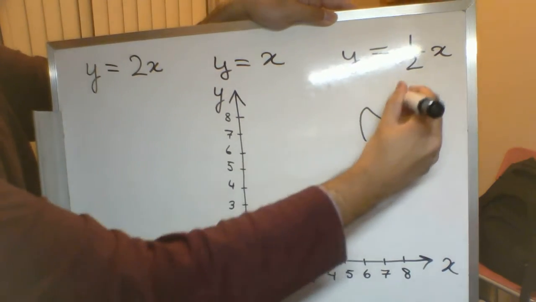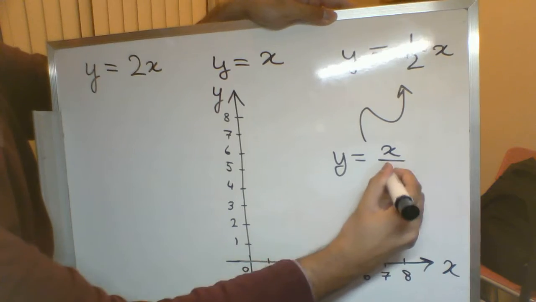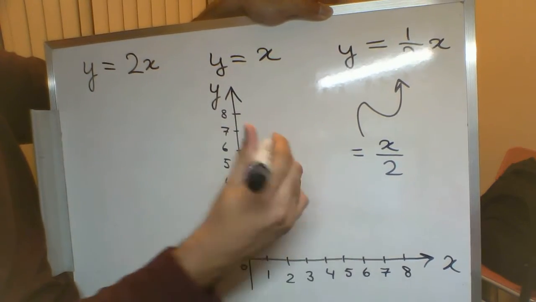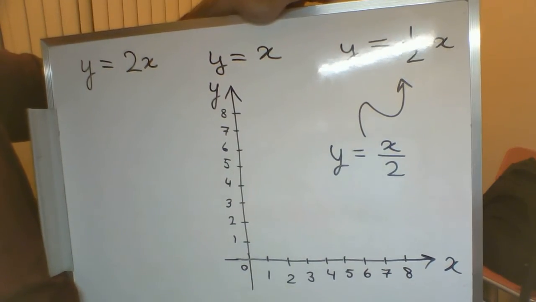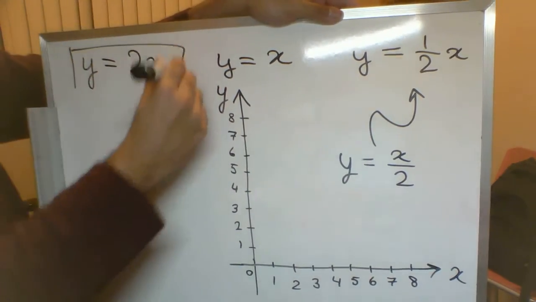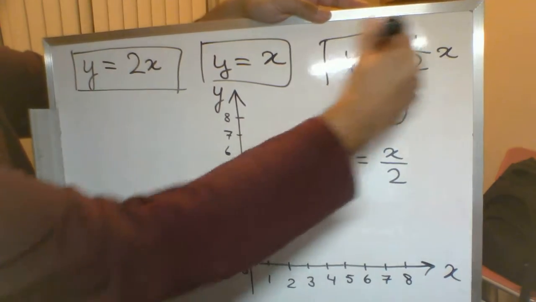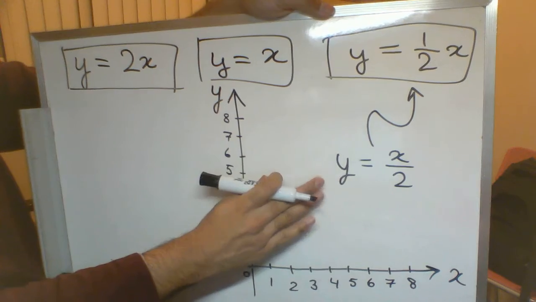Now this third one, this 1/2 x, if you want to rewrite that as y equals x over 2, that's also fine. Oops, there goes my blue marker almost. I almost lost that. And so these are the three equations that we're going to be plotting today. So we got y equals 2x, y equals x, and y equals 1/2 x, or you could rewrite that third one like this.